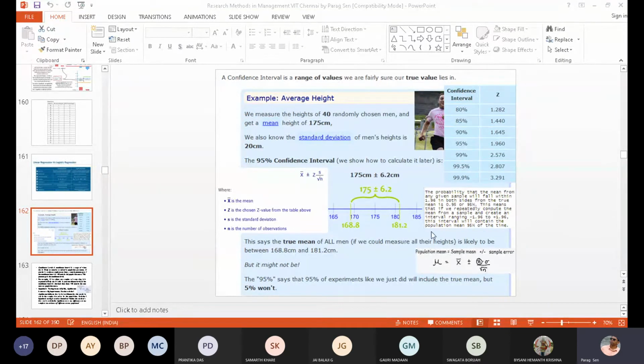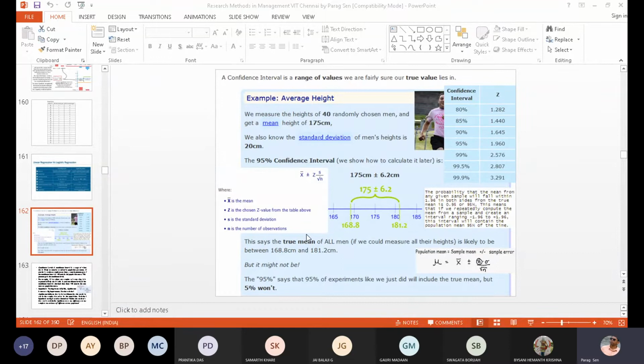So what is it explaining? If you look at this example of a confidence interval, it says the true mean of all men is likely to be between 168.8 centimeters and 181.2 centimeters.